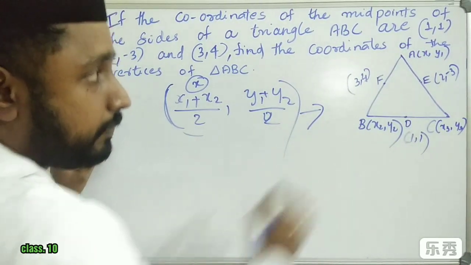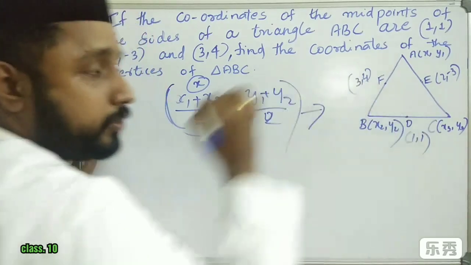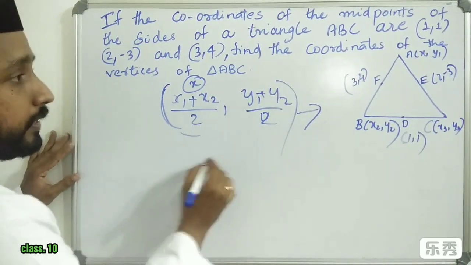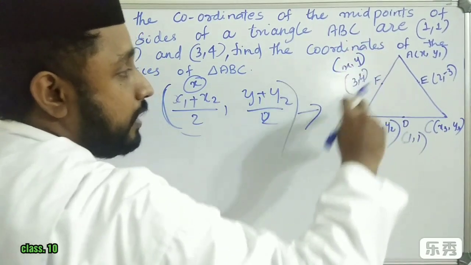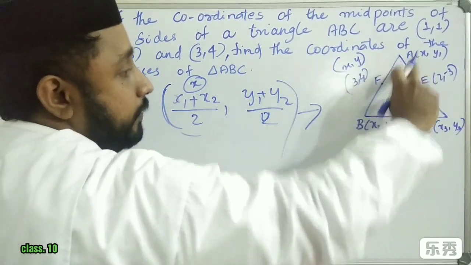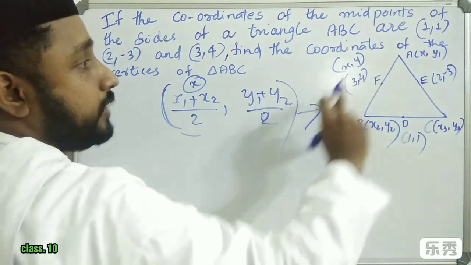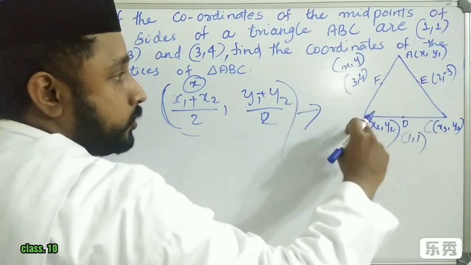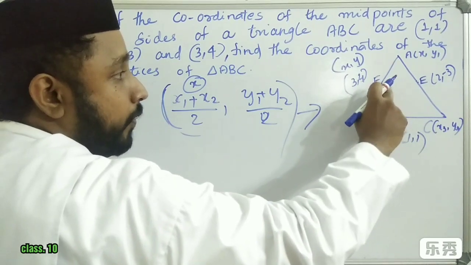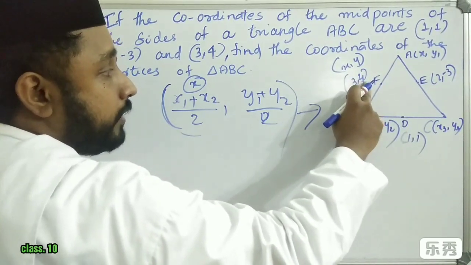So this formula applied to this side: x is equal to x1 plus x2 by 2 and y is equal to y1 plus y2 by 2. The line joining A and B has F as its midpoint, and we know the coordinates (3, 4).